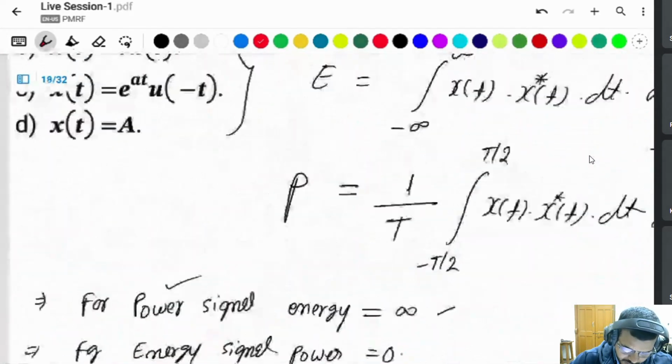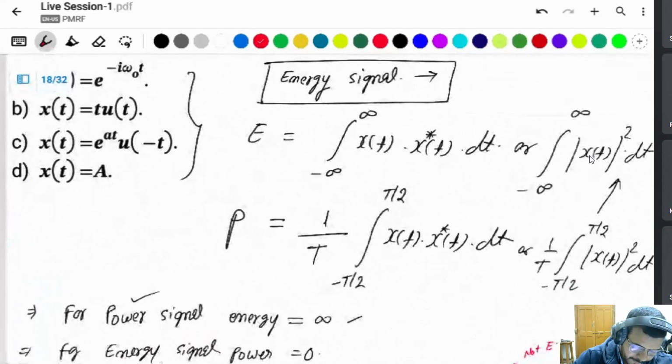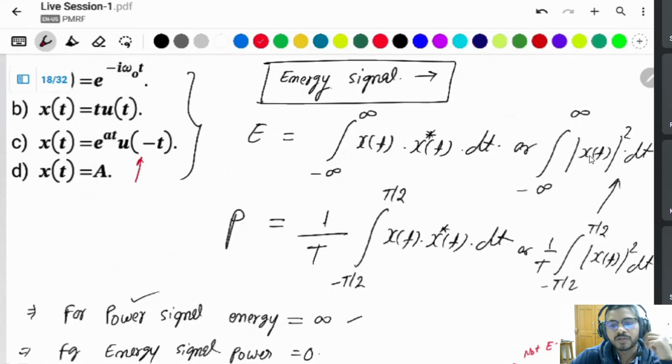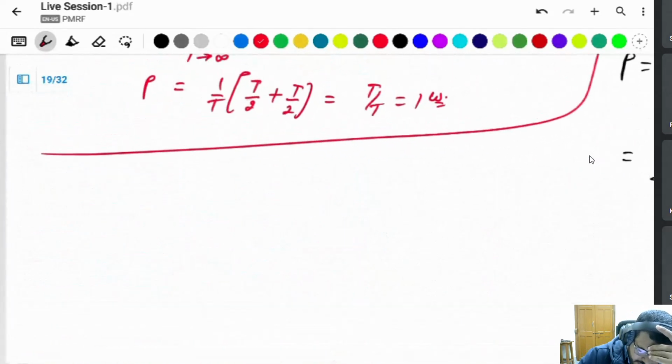So let's check for another. This is the scaling property, done in the unit step. x(t) is equal to e power at into u of minus t, the C part.